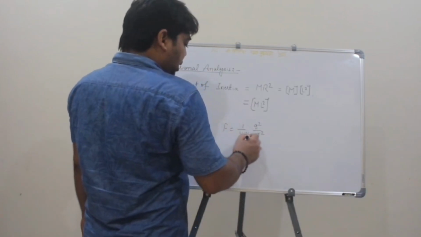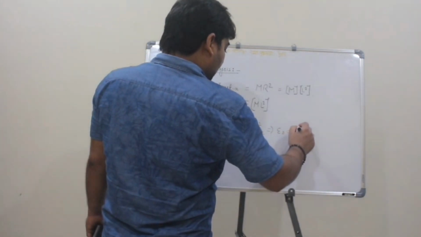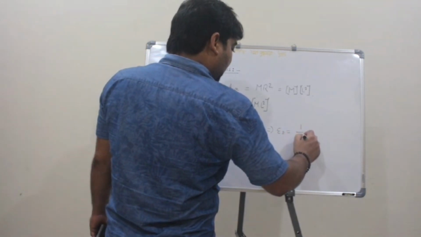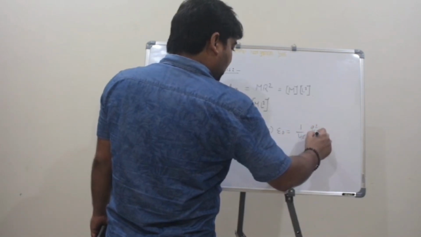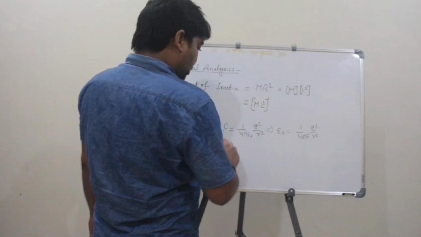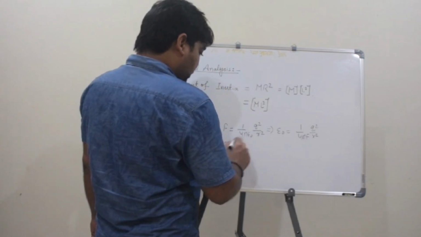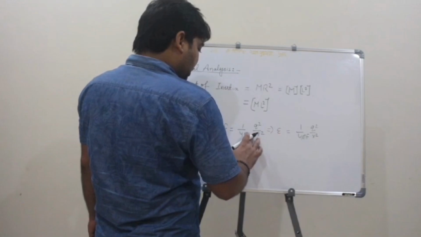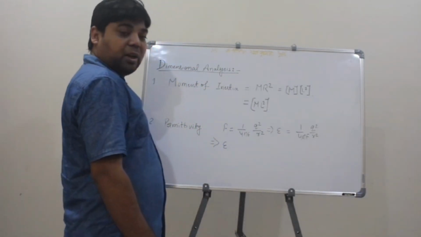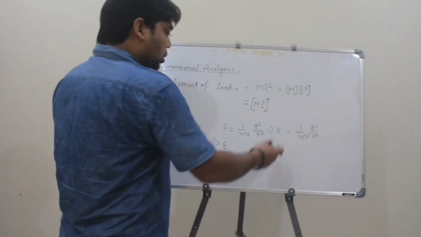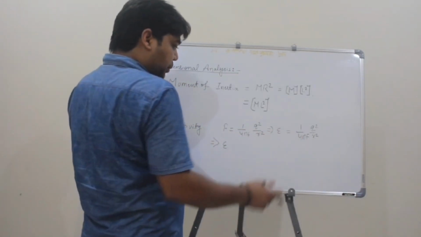Now using it, epsilon can be defined as 1/4 pi times q square divided by F r square, which gives the dimension of epsilon. Epsilon is a general term for permittivity in any media, whereas epsilon naught represents basically the vacuum.